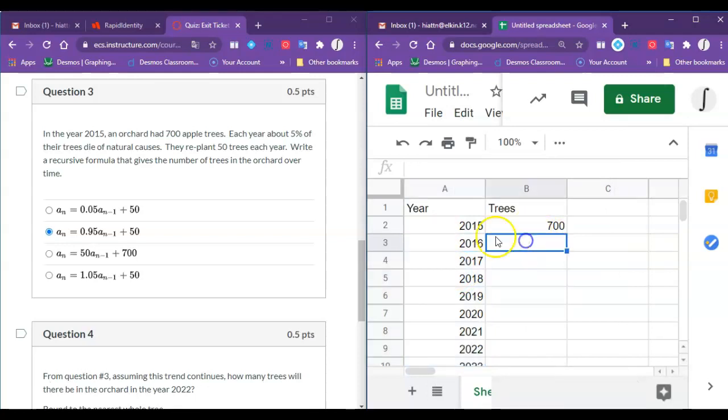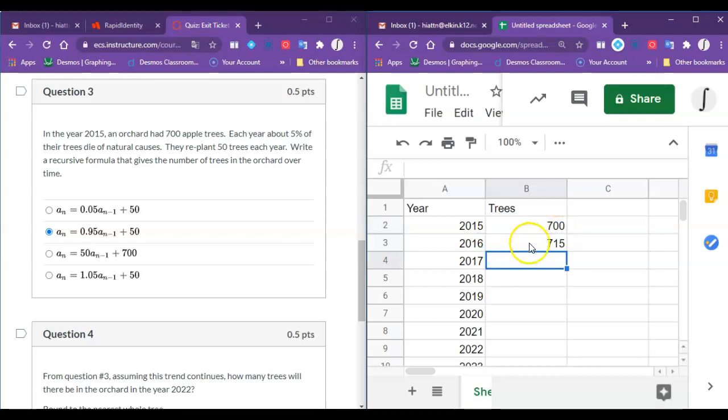And then for my trees here, I want to use this recursive formula. So I'm going to type in equals, and then I need 0.95 times, and then instead of using a sub n minus 1, I'm going to click on the cell right above. So that would be your a sub n minus 1. That's your term right before this next one. And then put plus 50 here.